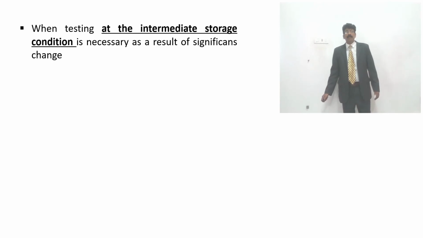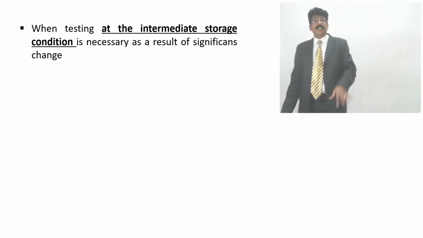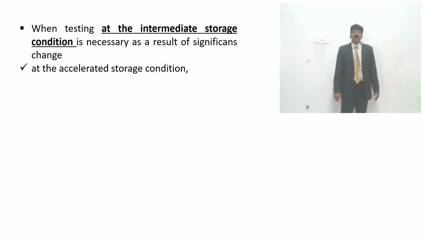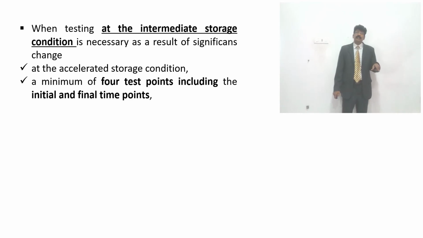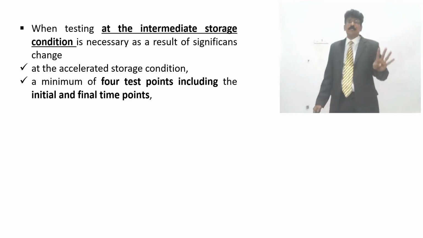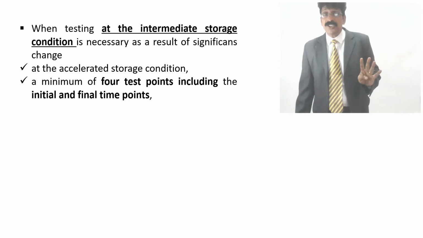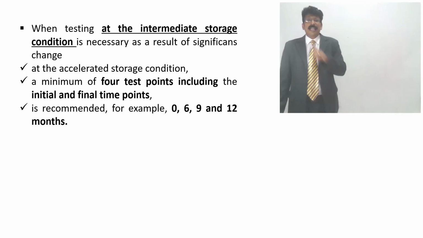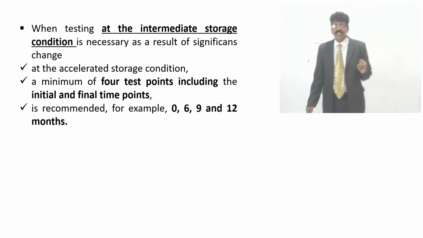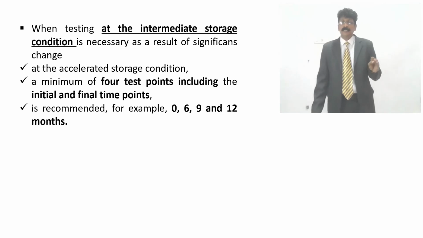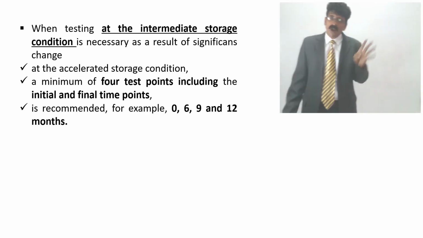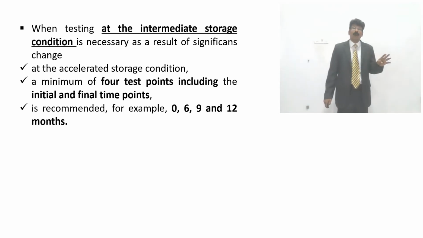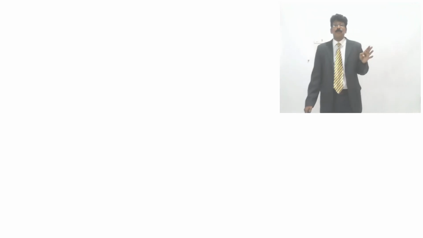And then when testing at an intermediate storage condition is necessary as a result of significant changes at the accelerated storage condition, a minimum of 4 test points including the initial and final time points is recommended: 0, that means initial stage, and after 6 months, after 9 months, after 12 months. This already we have discussed in the previous slides. So this is how we have to do the testing for intermediate storage.